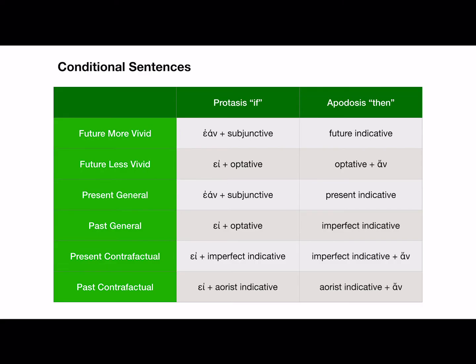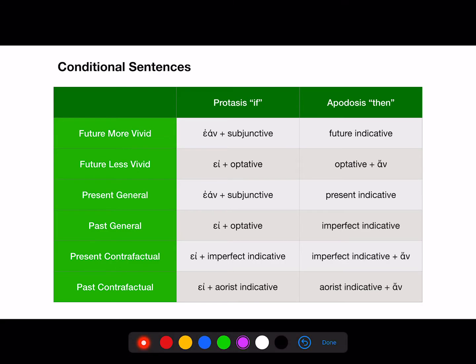So here's a chart of all the non-simple kinds of conditional sentence. And you can see that in the if clause, they all either have ei or they have ean, which is a combination of ei plus the particle an.